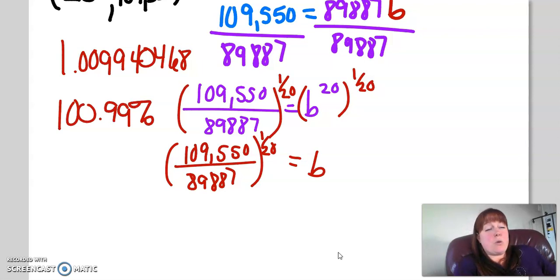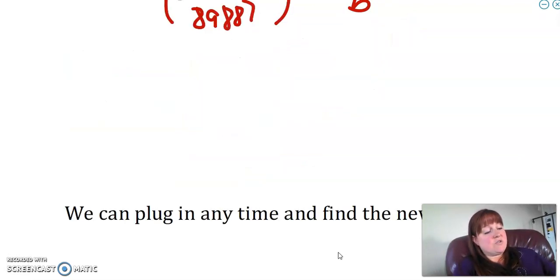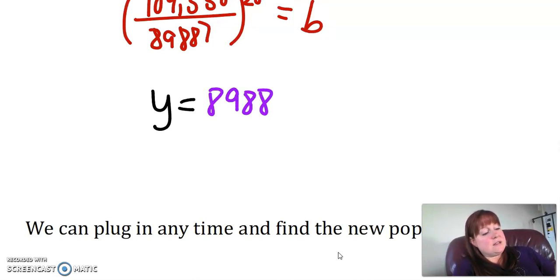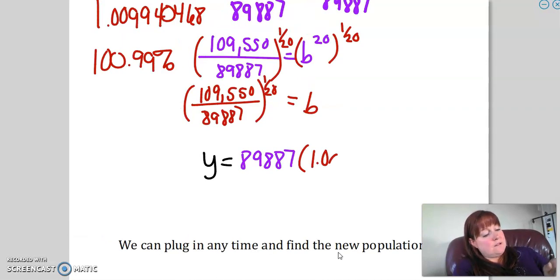So it's growing by almost 101% every year. So we could write our exponential function now that we know our b. We could write y equals, now our initial value was 89887, and our b is 1.00994, and then I'm just going to put some dots to the x.